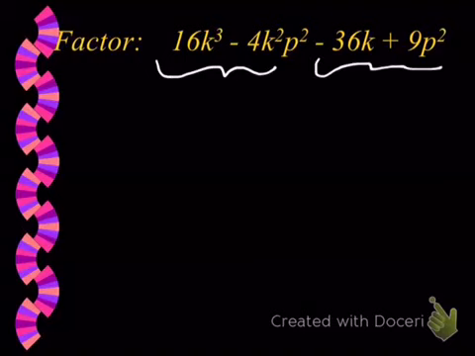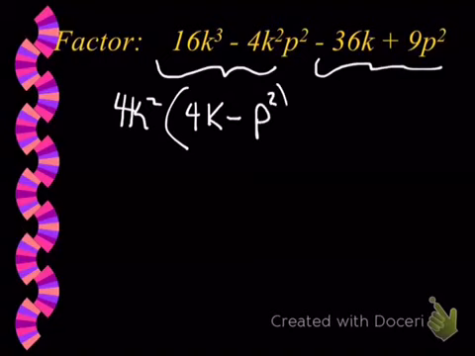So what do we take out of the first 2 terms if we just leave it like this? 4k squared, right? And that'll leave us with 4k minus p squared. And because this is negative, we said in the last example we're going to factor out a negative.